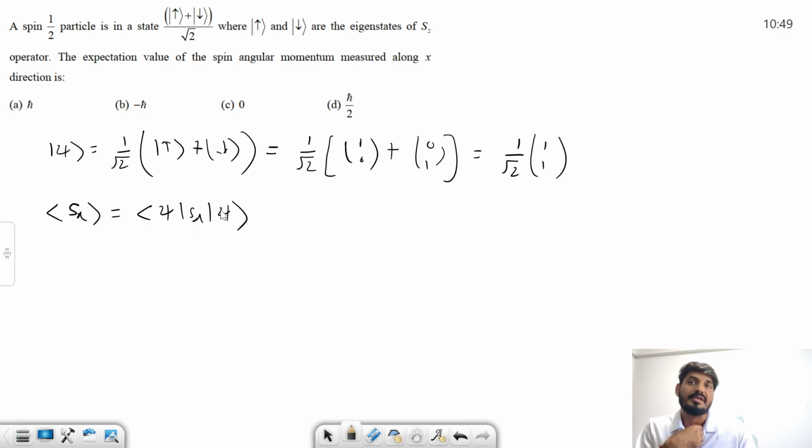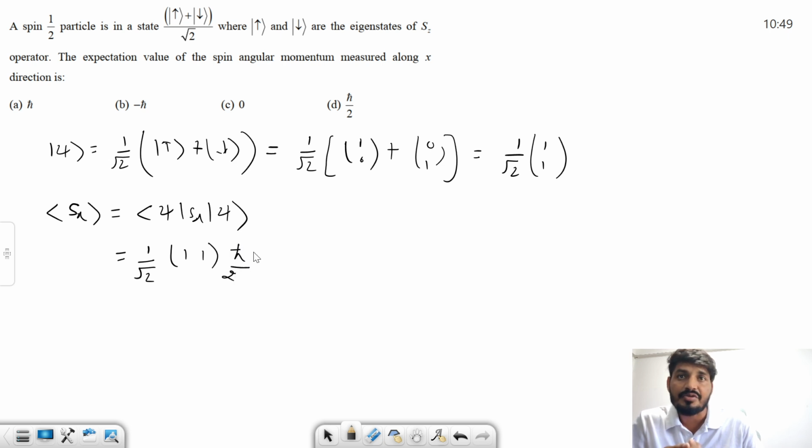Now I can put in this equation. So this will become 1 by root 2 as it is, and this will become 1 1. And what is the Sx matrix? We just wrote h cut by 2 0 1 1 0, and then psi as it is, 1 by root 2 1 1. See what happens: this is h cut by 2, and 2 plus 2, this is 4, 2 into 2, this is 4.